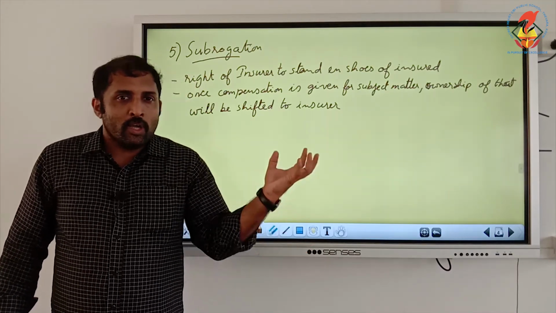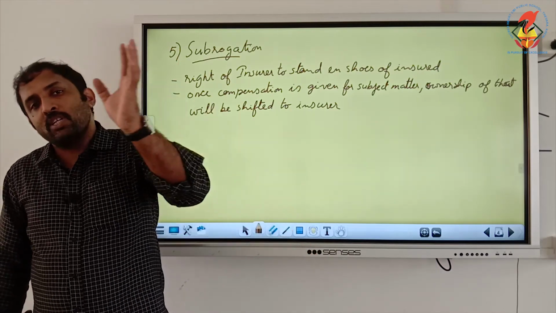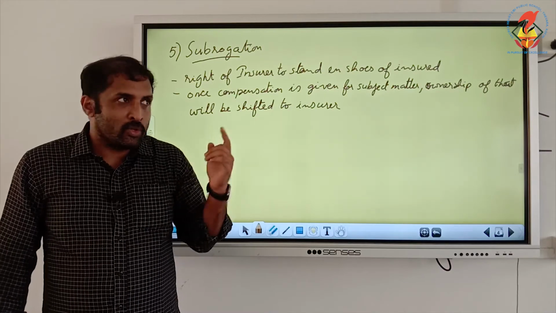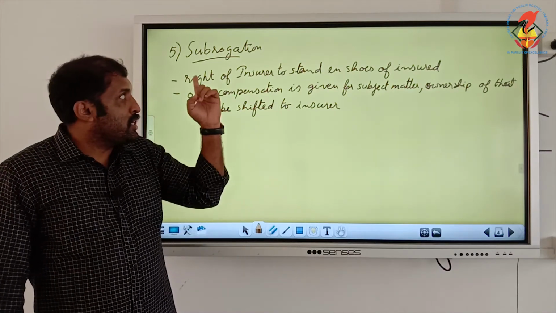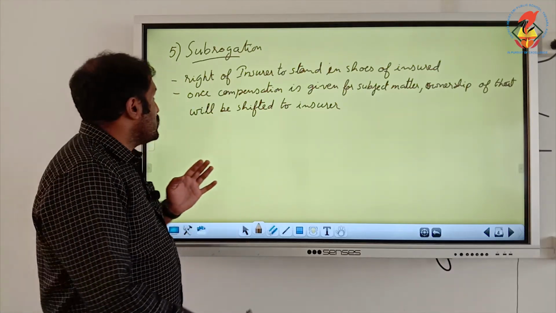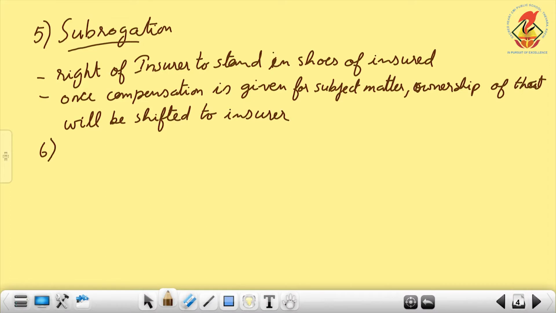That is why the ownership of the compensated property will pass on to the insurer. So, that is what is called subrogation. The insurer standing in the shoes of the insured. That is another principle. Now, coming on to the sixth principle, the principle of contribution.